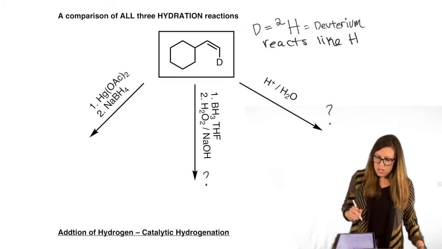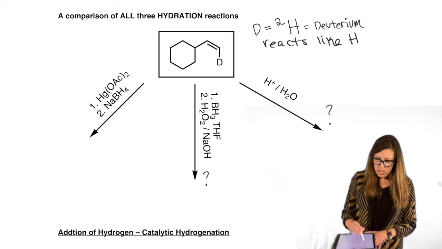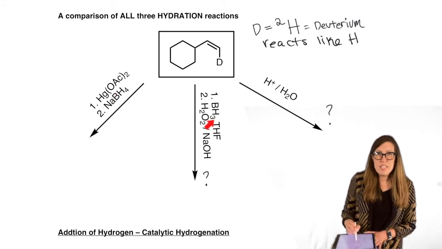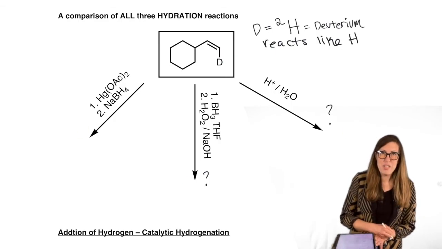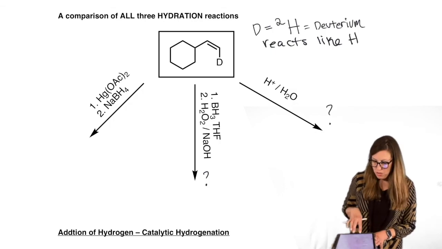Okay? So oxymercuration, demercuration, syn, anti-Markovnikov addition of H and OH, and the very first one, acidic water. All of these add water in some way, and the alkene's gone. You draw the products. Okay, and check back with me.